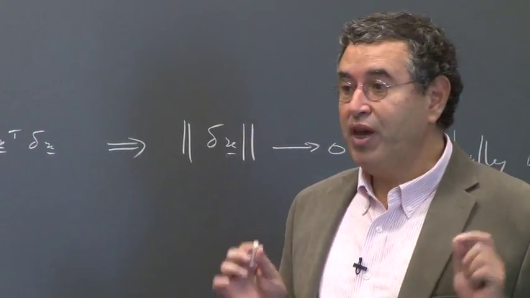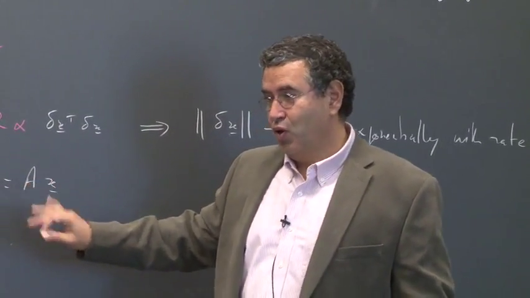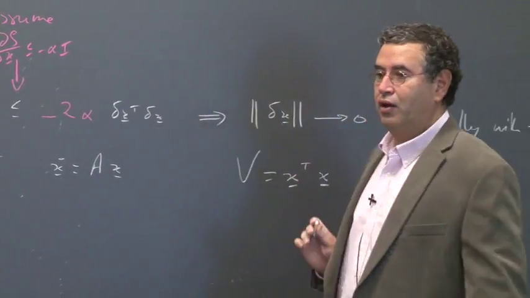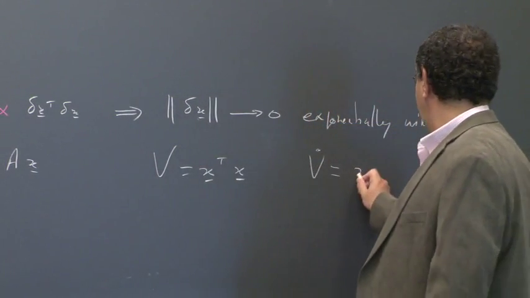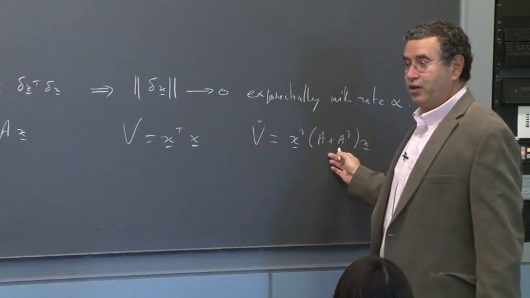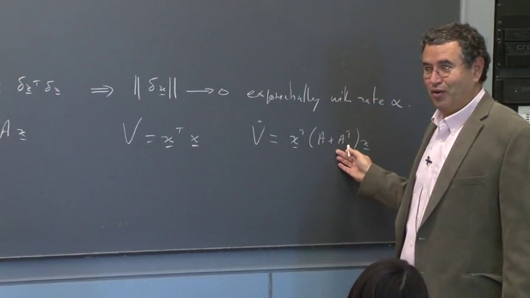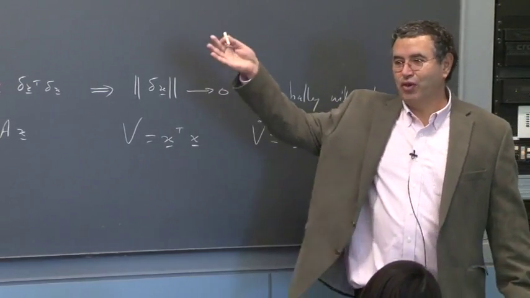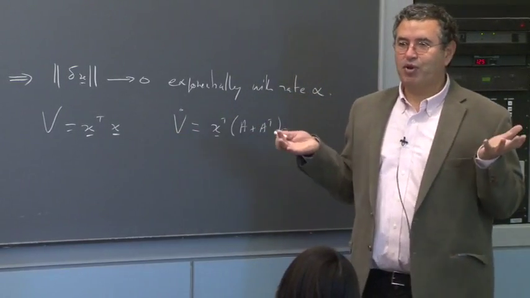But we said, when we talked about the Lyapunov matrix equation, how to describe linear systems with Lyapunov tools, that in general it doesn't work to take V equal X transpose X. Because the V dot, which would be X transpose A plus A transpose X, if A is stable, this V dot is not necessarily negative. So we said explicitly, if you have a linear stable system, it's not necessary and sufficient that the eigenvalues of the symmetric part of A are negative.